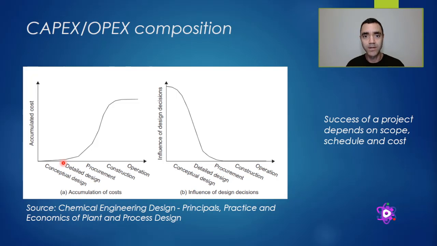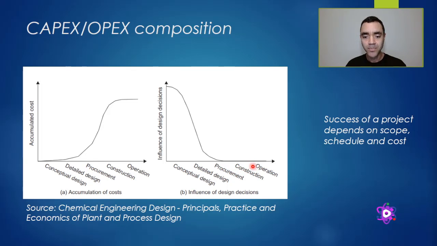We didn't talk about that, but you need to have the cost in the timeline. Your curve of cost will be this way. And at the right side, you can see the influence of decisions in terms of cost, or influence of design decisions, based on the conceptual, detailing, procurement, construction, and operations.